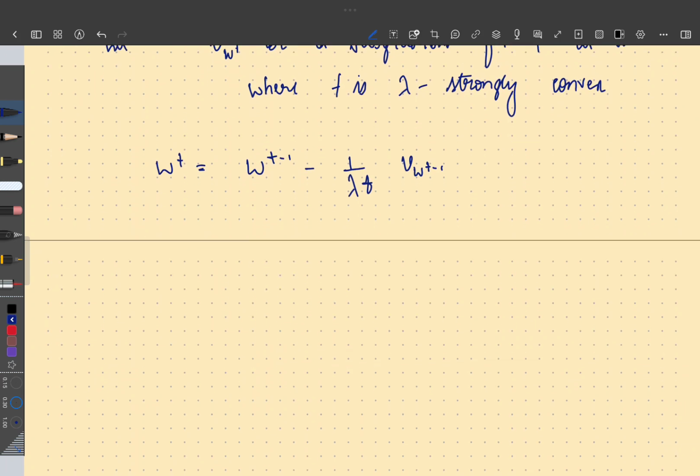Okay. Now remember that the function that we are trying to minimize, f of w, is the empirical risk R_S plus lambda by 2 norm w square.